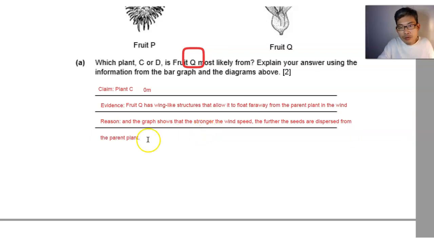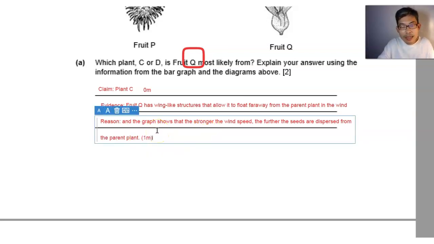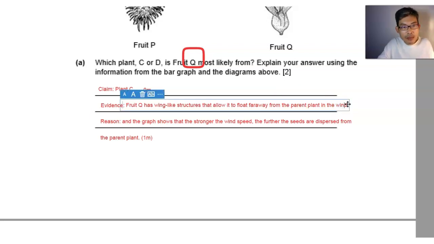And that is how you know that is the answer. So this will be 1 mark, and this part is also 1 mark.